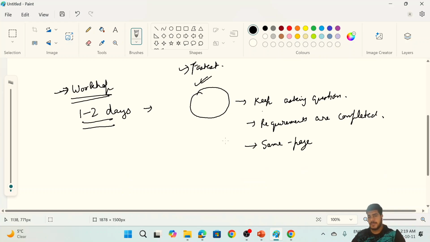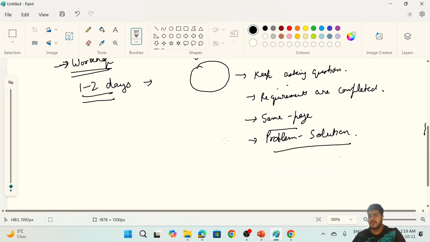Also, if stakeholders are having any problem, the problem and solution can be figured out at the same time, since the entire team is present. The feasibility of the application, whatever we are talking about, whether it is possible or not, can also be determined.